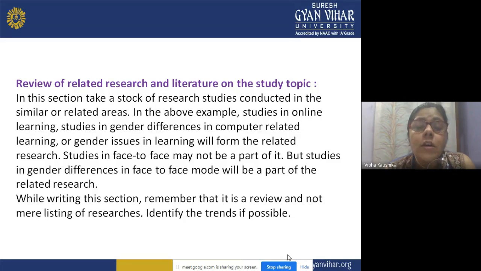What are the studies done in the area of gender differences in computer related learning, or gender issues in learning, form the related research. Studies in face to face may not be a part of it. Why can face to face not be part of it? Because we are focusing on online learning. But studies in gender differences in face to face mode will be a part of the related research.